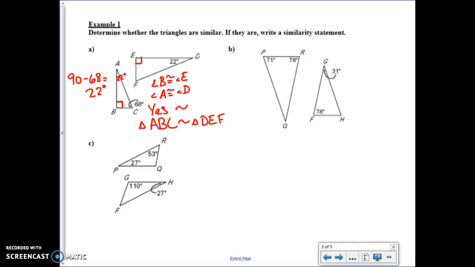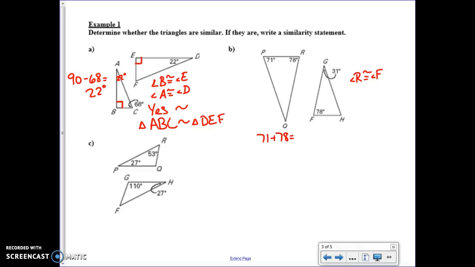I see right away, angle R is congruent to angle F. Those two match up. And then I need to look and see. So all three angles should add up to 180. We don't have a special case here with a right angle. So I'm going to look at the triangle on the left, and I'm going to do 71 plus 78.